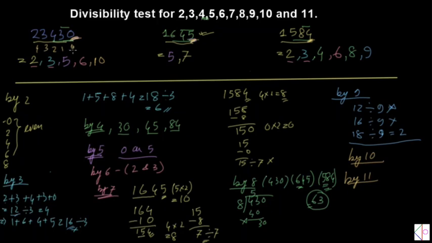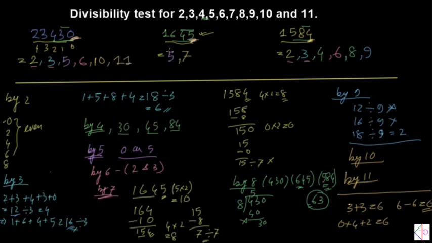In the odd places, 1 and 3, that means 3 plus 3, it becomes 6. In the even places, 0, 2 and 4, that means 0, 4, 2, if we add them it becomes 6 again. The difference between them is 0. Since it is 0, it is exactly divisible by 11.